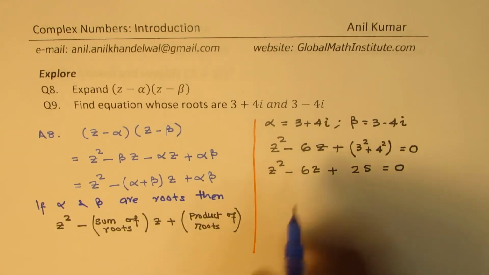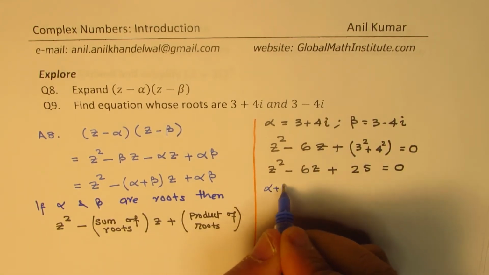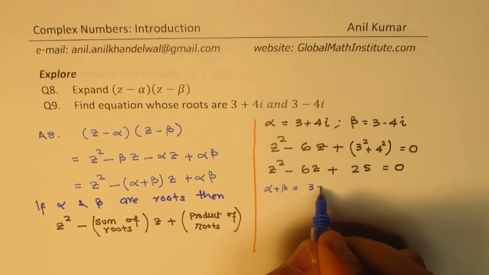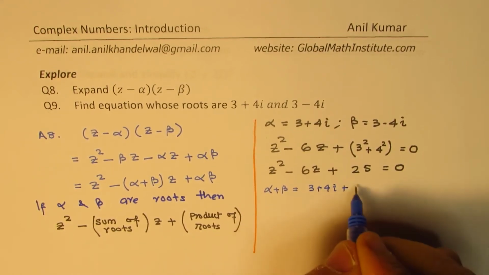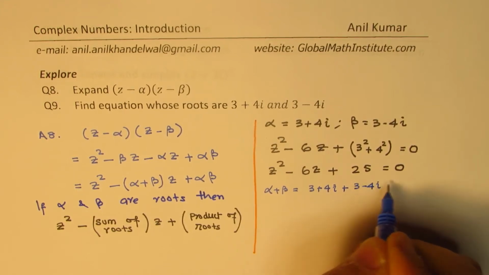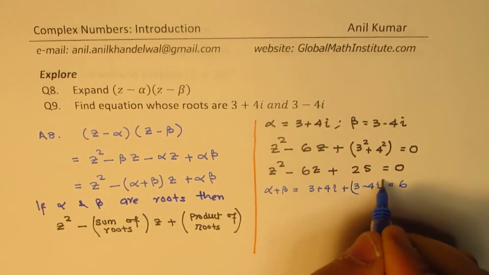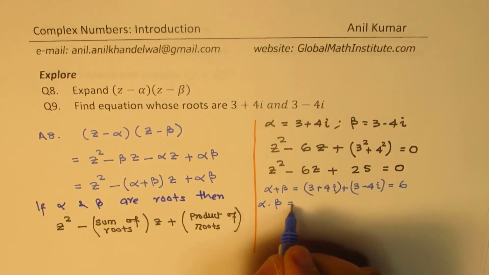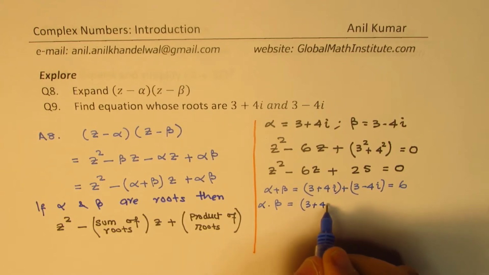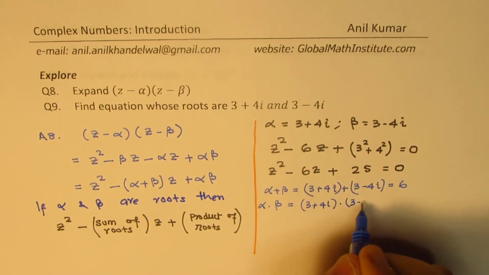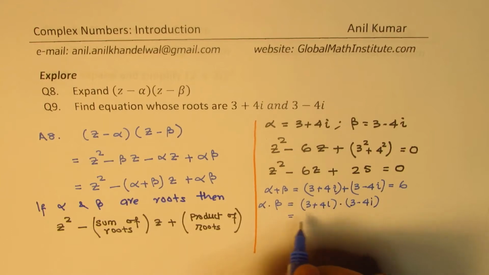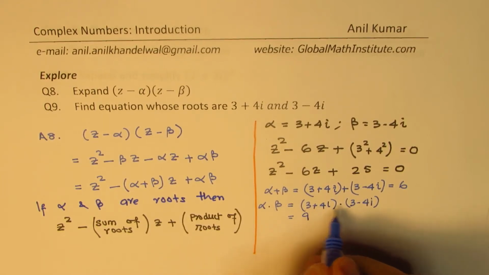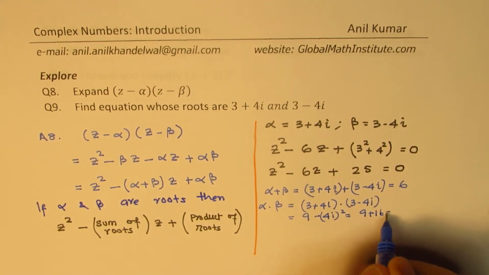Now what we did here was alpha plus beta equals 3 plus 4i plus 3 minus 4i, which is 6, right? That is the sum of roots. And we wrote alpha times beta as 3 plus 4i times 3 minus 4i, which equals a square minus b square, so 3 square minus (4i) whole square, which is 9 plus 16 equals 25.